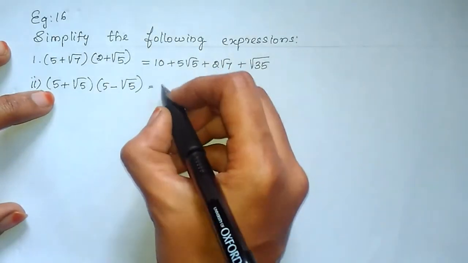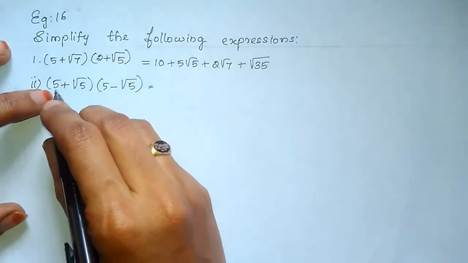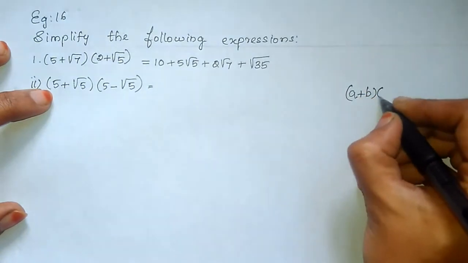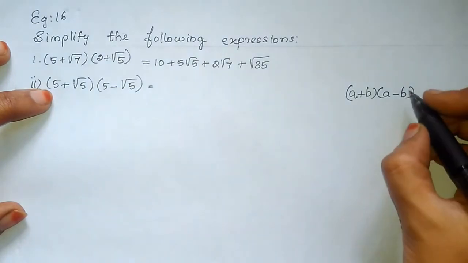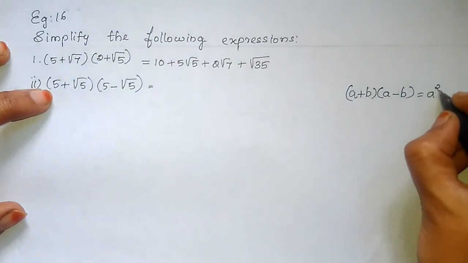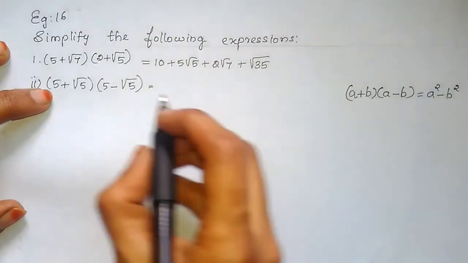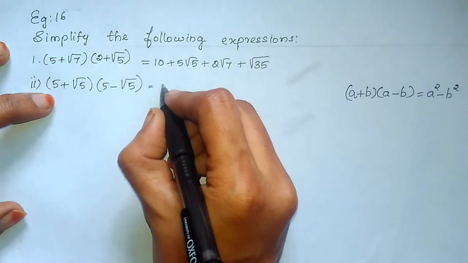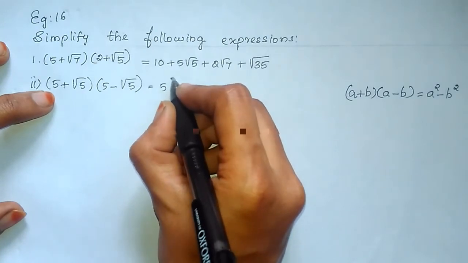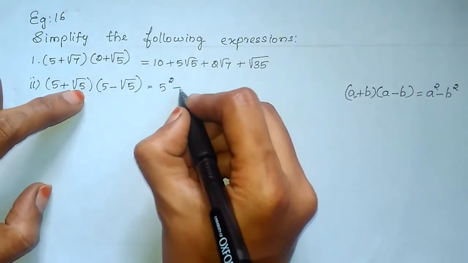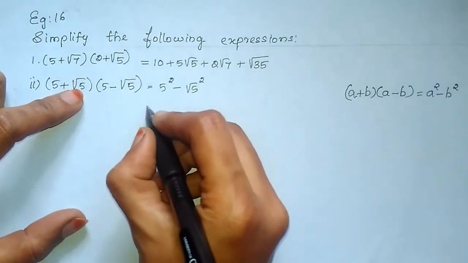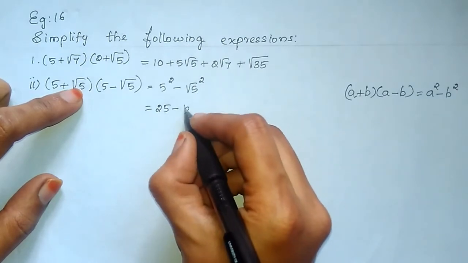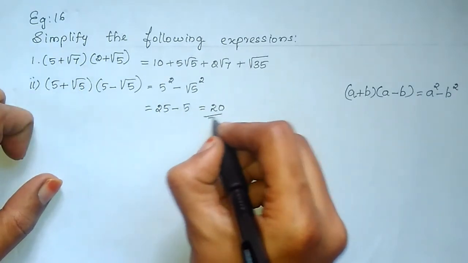So here a is 5, b is root 5. So the answer is a square minus b square, which is 5 square is 25 minus root 5 square is 5, which is equal to 20. 20 is the answer.